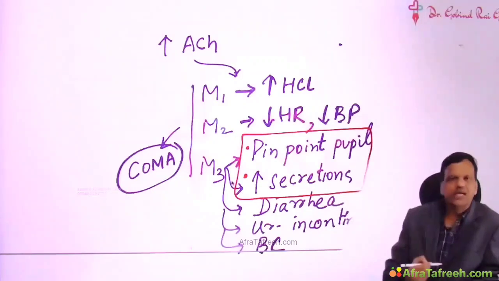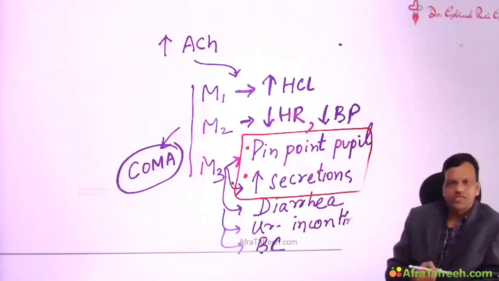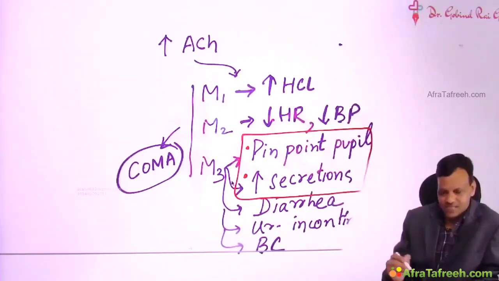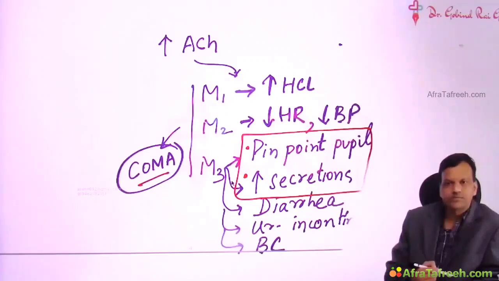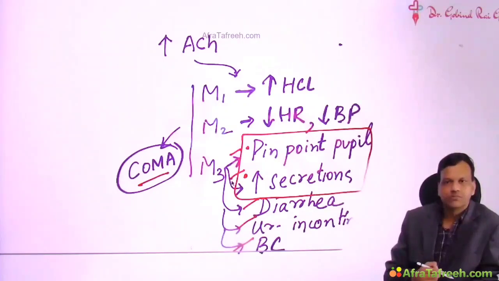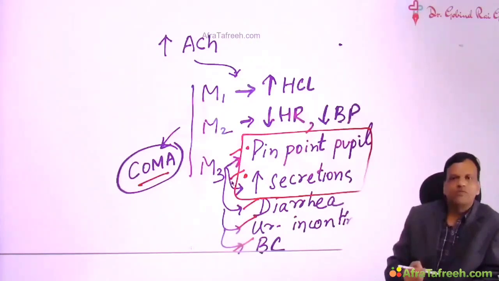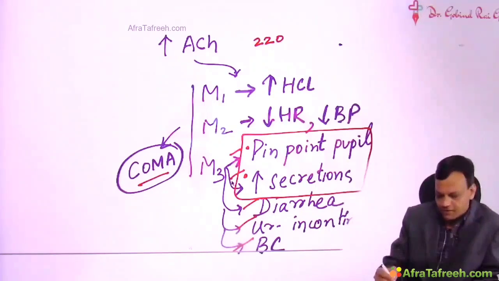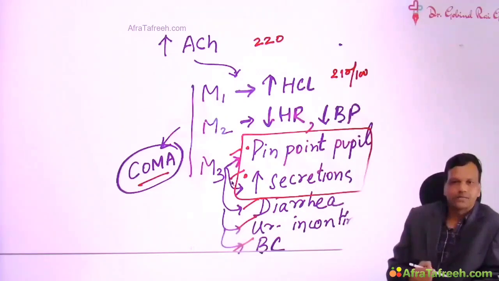Now, why I am discussing this is, once a question was asked in an exam that a farmer presented in emergency in a comatose state with pinpoint pupil, with increase in secretions, with severe diarrhea, with urinary incontinence, with respiratory problem. The confusing point given was the heart rate of the farmer is 220 beats per minute and BP of the farmer is 210 by 100 millimeter of mercury.